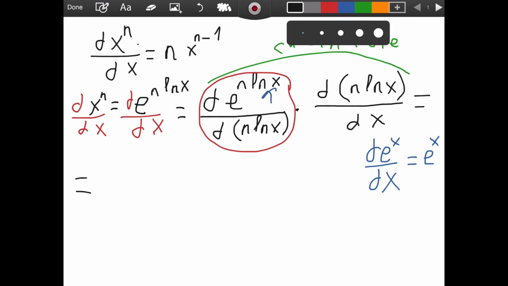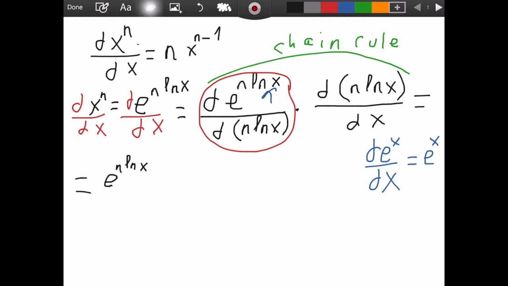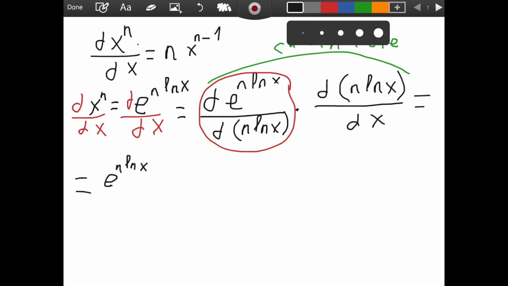So the only difference will be, instead of x, we will write n ln x. Just like that. And I will erase this blue ink as well. All right. It looks good enough. So the first derivative gives us e raised to the power of n times ln x.